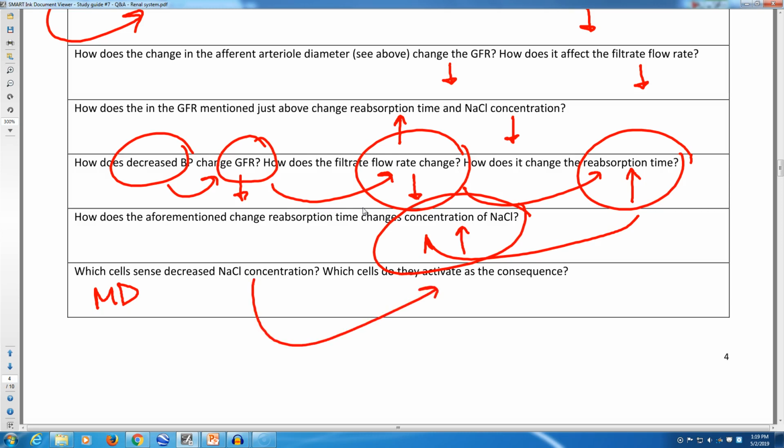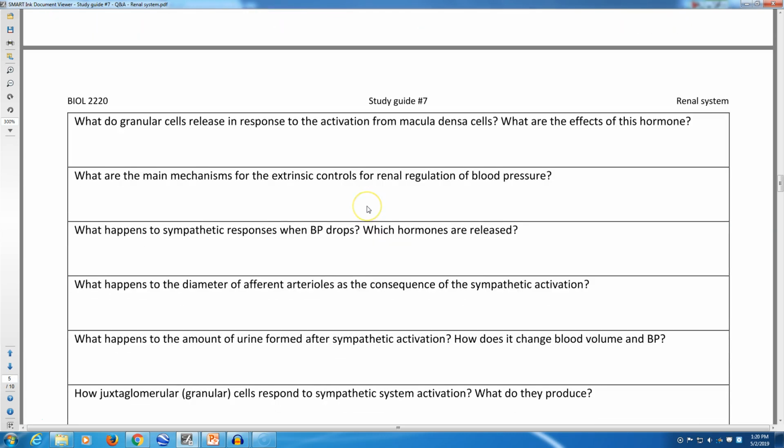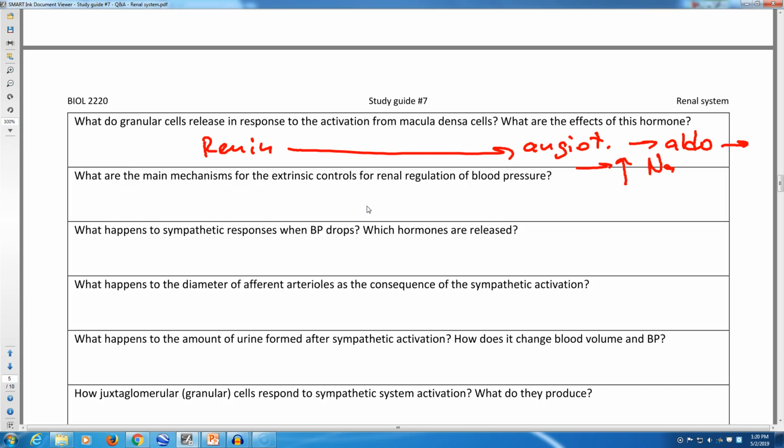They activate juxtaglomerular, or granular, same thing. They release renin. Renin activates angiotensin, which activates aldosterone, which increases sodium retention.